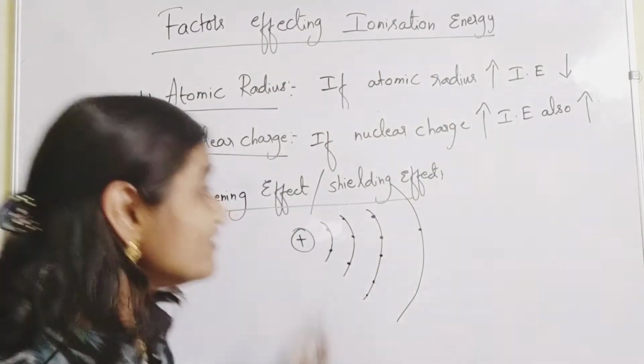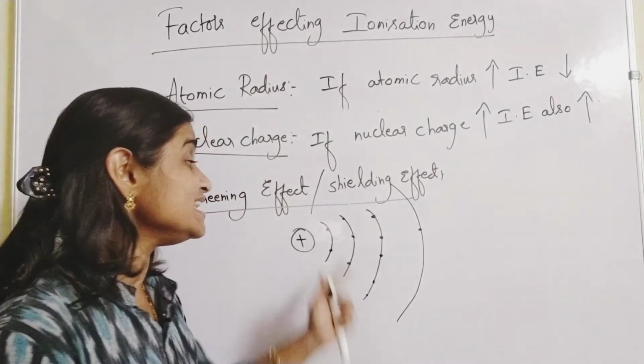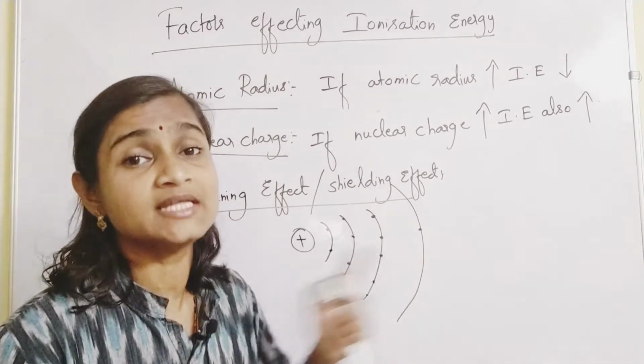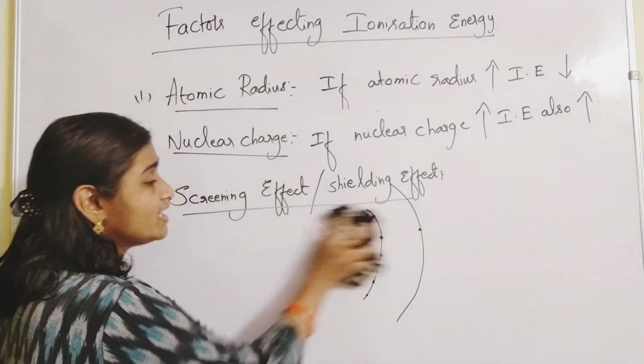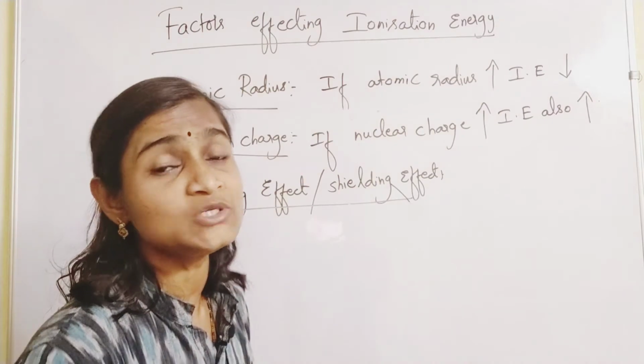That phenomenon of decrease in nuclear charge, because inner shell electrons act as screens, what do you call that phenomenon? Screening effect. Sometimes they may ask this as a 2 marks question.